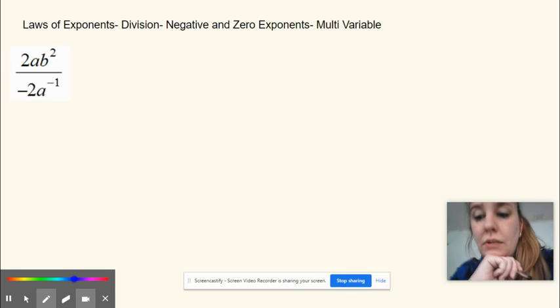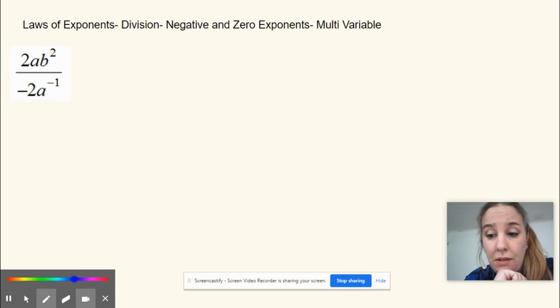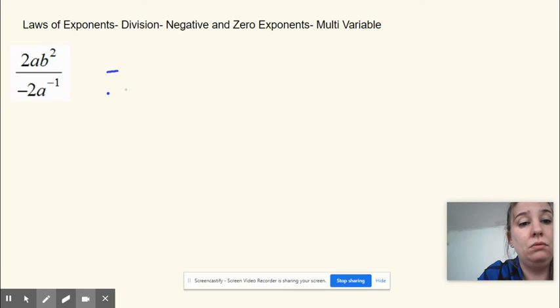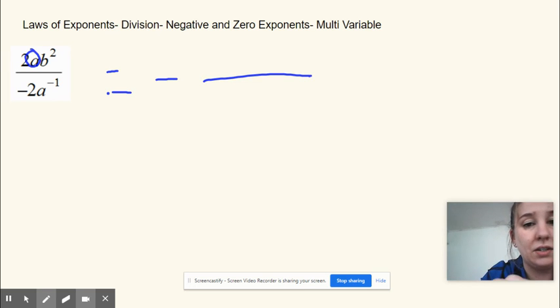Multivariable. Let's deal with our coefficients. 2 divided by negative 2. A positive divided by a negative is going to lead me to a negative, and 2 divided by 2 is 1. Now I'm just going to start rewriting stuff. Make my little fraction bar. This a is totally cool, but I'm going to stick a 1 on it.